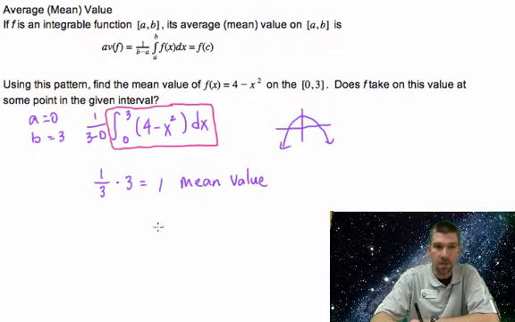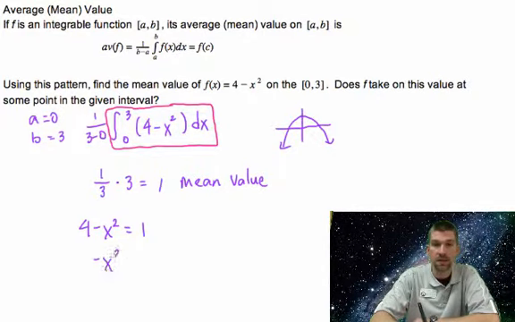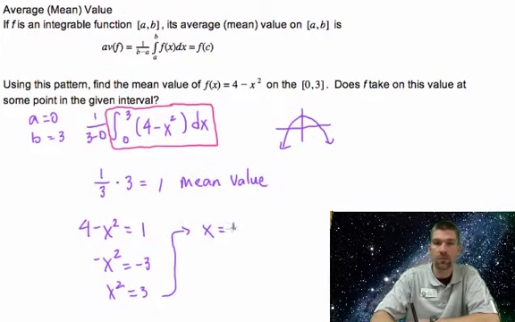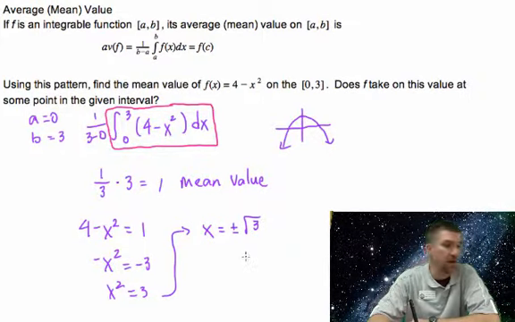So let's do that. We'll take 4 minus x squared equals 1. We want to know, where is this true? Subtract 4 from both sides, and then divide by your -1 so that x squared equals 3. What we're going to discover is that when x is equal to plus or minus the square root of 3, the function is equal to its mean value.